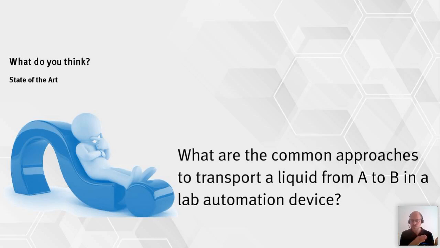How can we transport this liquid from A to B in a laboratory automation device? For sure, we can do it manually with a pipette in our hand, like you see in the news every day in Germany when you're looking at the television, with how people do this by hand, but we want to talk about automation.